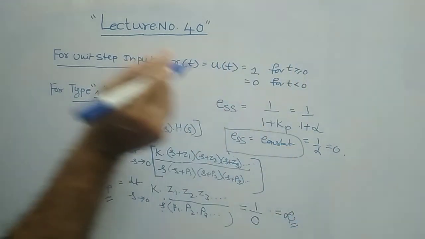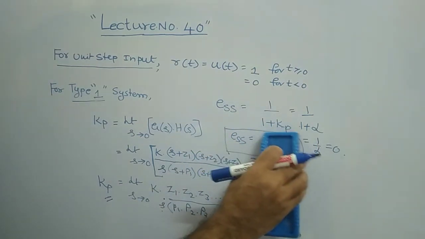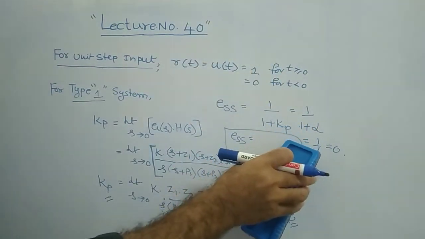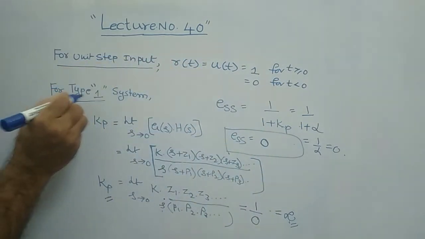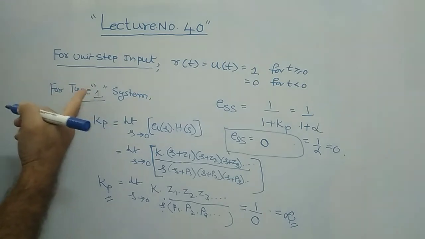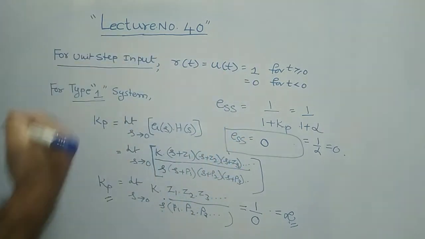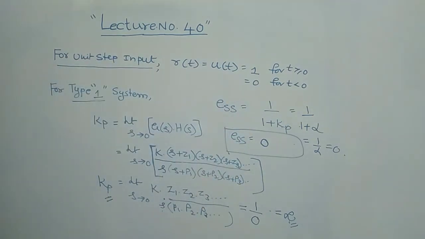Therefore, in this case, your steady state error is 0. Understood? So for a type 1 system with step input, the steady state error becomes 0.